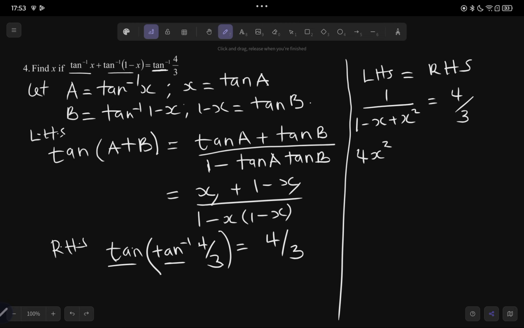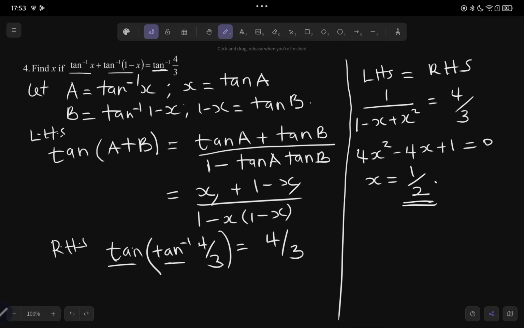You get 4x squared minus 4x plus 1 is equal to 0. Now when you solve that equation with whatever method you feel comfortable with, either completing squares, using the formula or factorization, you'll end up with x having a repeated root of a half. So in this case, x is equal to a half.